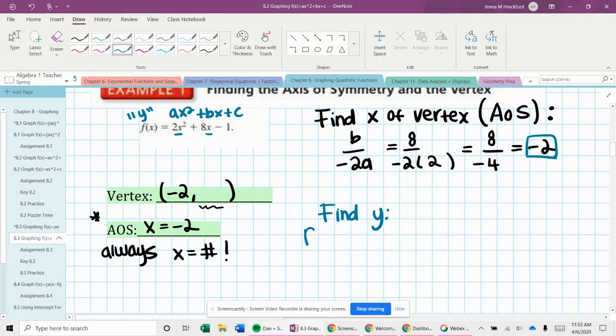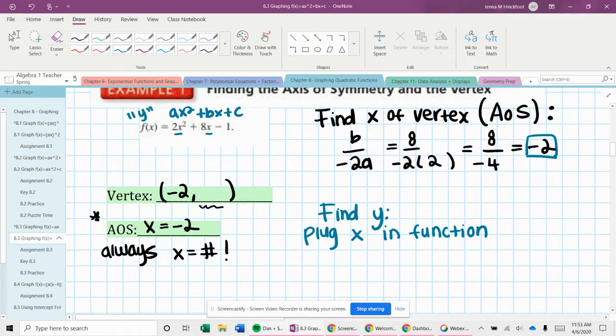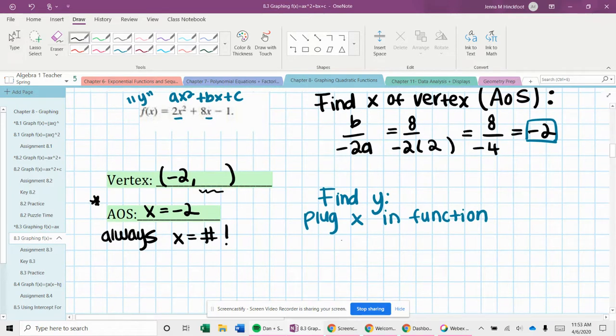So plug x in function, and then you're just simplifying, doing order of operations. Okay, so this is 2 times your x we found of negative 2 squared plus 8 times your x we found of negative 2 minus 1.